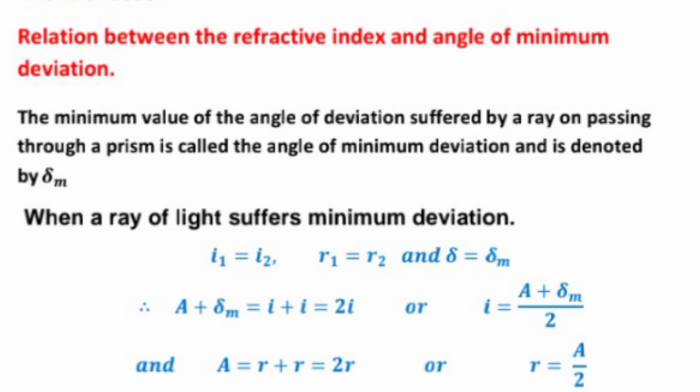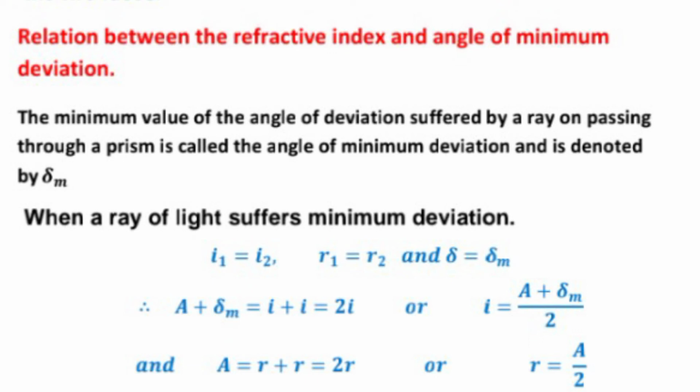Relation between the refractive index and the angle of minimum deviation. The minimum value of the angle of deviation suffered by a ray on passing through a prism is called the angle of minimum deviation and is denoted by delta m.